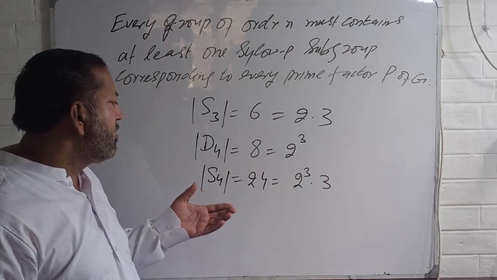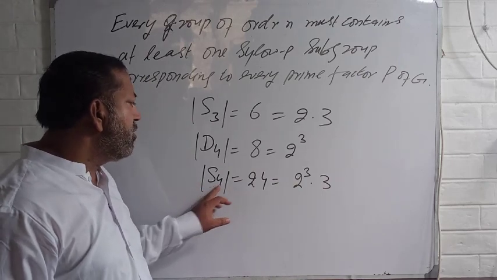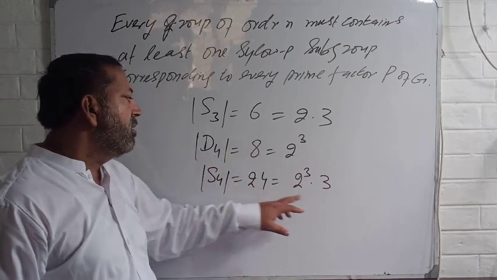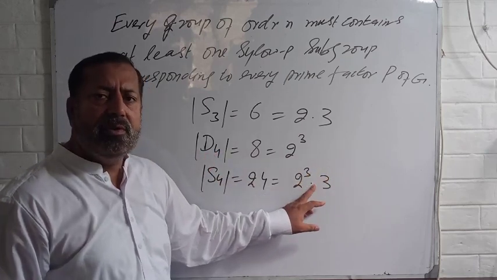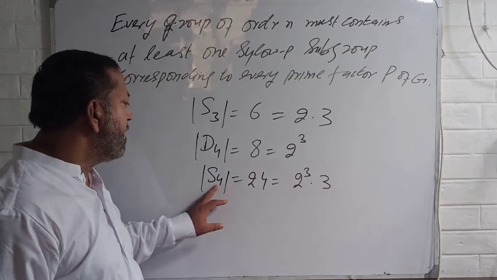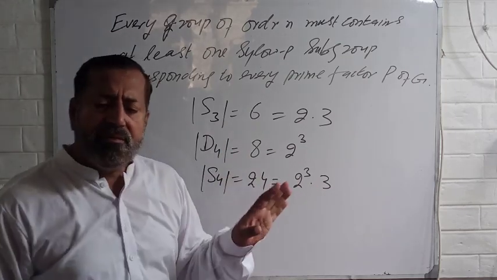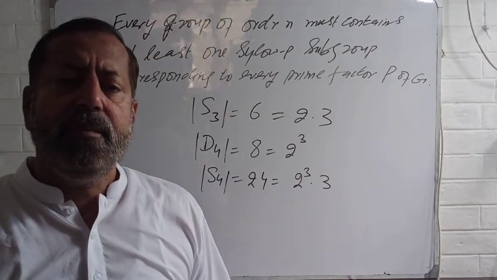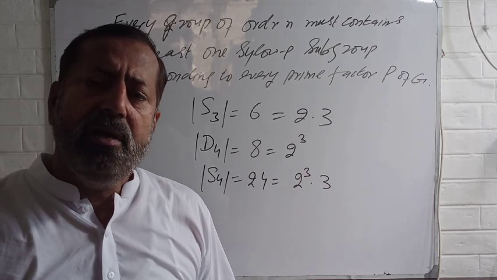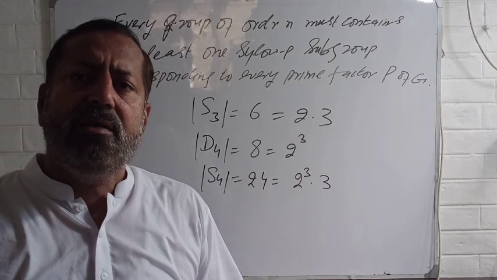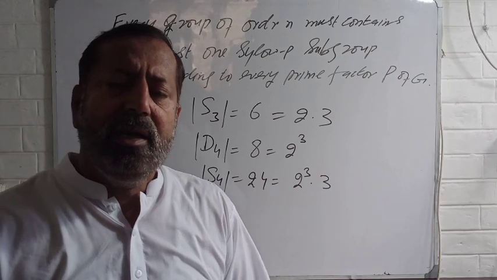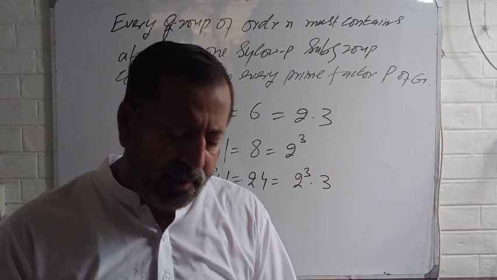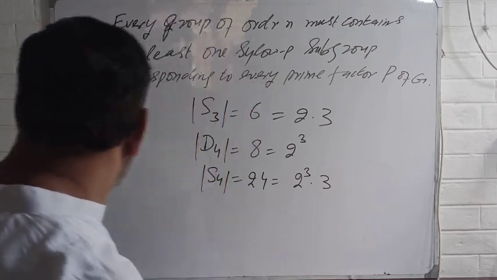So you need to see whether the Sylow-2 subgroup of order 8 is isomorphic to D4 or not. There is a Sylow-2 subgroup in S4, right? So this is our first statement: if any prime number P divides the order of G, then that group must have at least one Sylow-p subgroup. Okay, so now we prove this theorem.